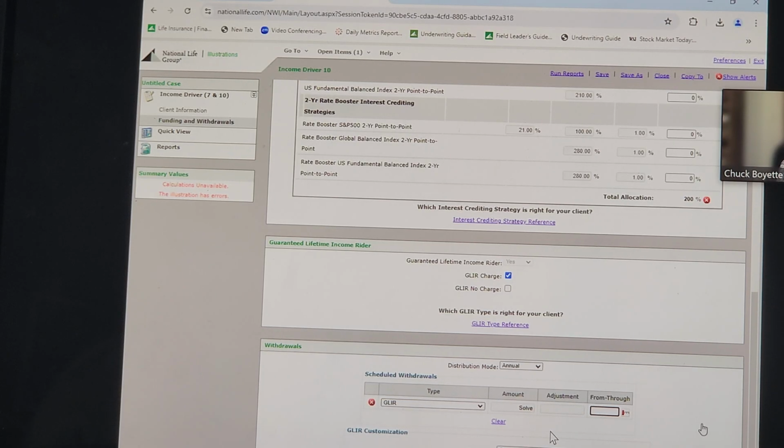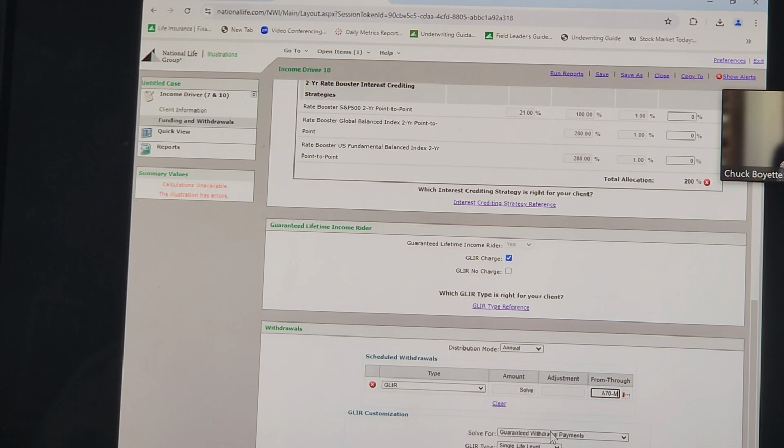But that's okay, because our client in this particular situation tells us that he doesn't want income until he's 70, okay? So we're going to do A70 to maturity, and we're going to do the same income option, single life level. And let's go to quick view.